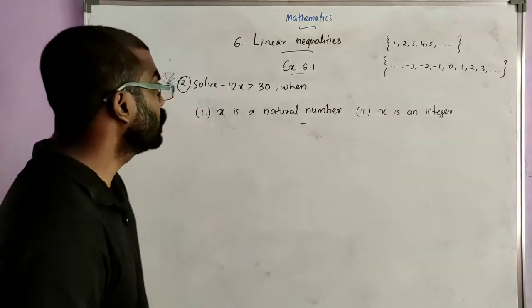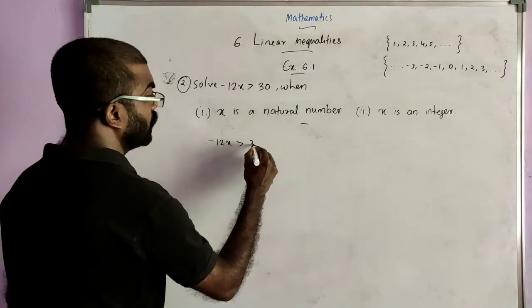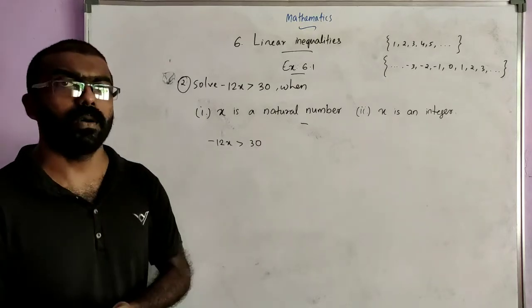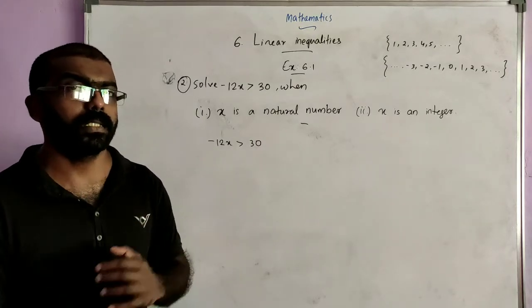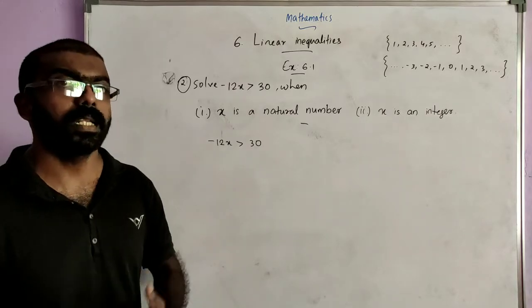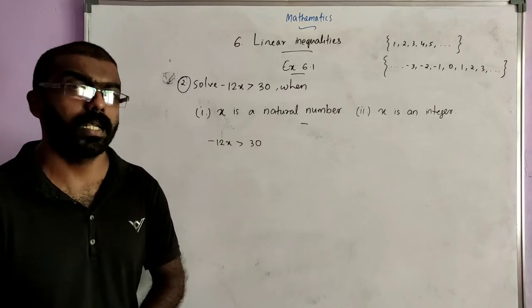Now the next question is: solve minus 12x greater than 30. So here in order to find the value of x, we have to divide both sides of this inequality by minus 12, that means by a negative number. And what happens when we divide both sides of an inequality by a negative number?